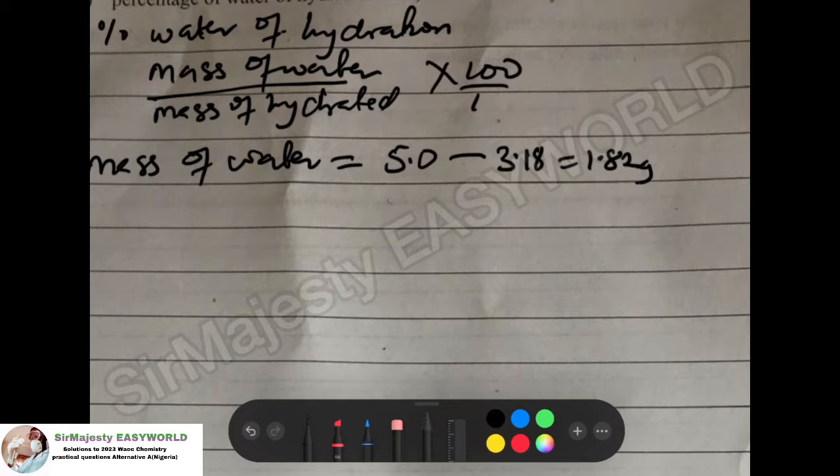I minus the anhydrous, which is 3.18, from the hydrated, which is actually 5.0. So in this case, what you just need to do is to continue with the formula we mentioned there, which is now the mass of water, 1.82, over the mass of hydrated, 5, times 100 over 1.